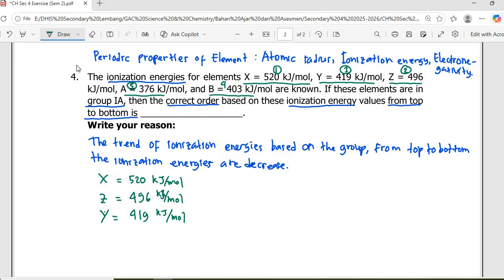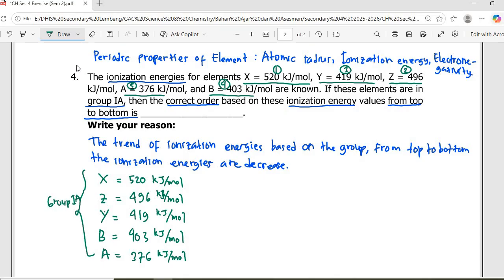Then the next is B, 403 kilojoule per mole, and the last one is A. So the smallest ionization energy is element A. This is the order of ionization energy in group 1A.